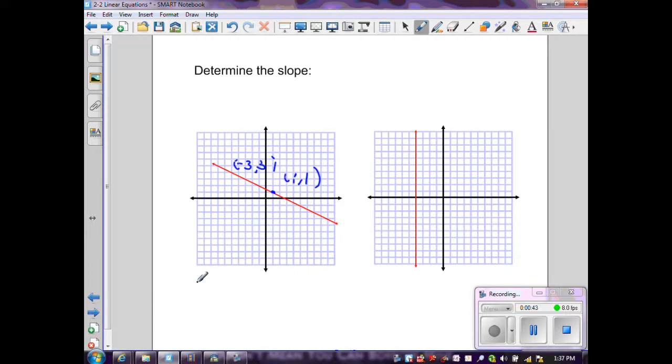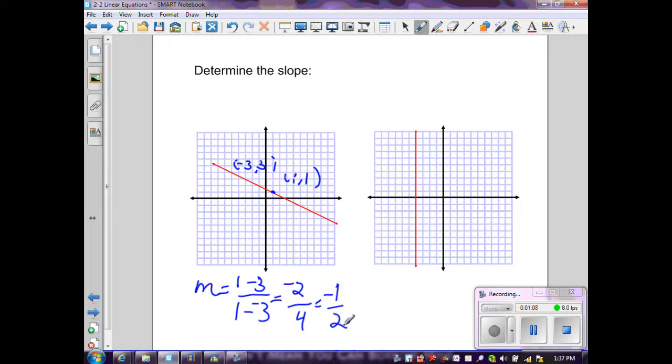And I can substitute into my formula, letting 1, 1 be x sub 2, y sub 2. So 1 minus 3 over 1 minus a negative 3. And when I simplify, that's a negative 2 over 4, which is a negative 1/2.